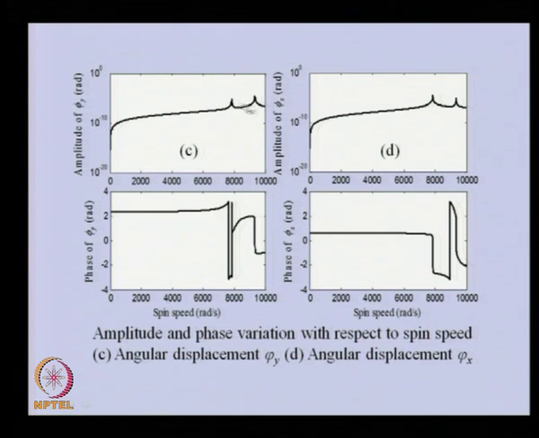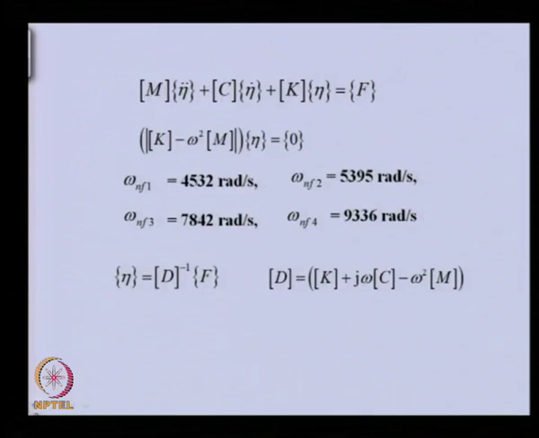Here also we will be getting 2 critical speeds. These 2 are the same, and you can see they are between above 7000 and below 10,000. They are corresponding to these 2. So, you can see that through free vibration analysis or the eigenvalue problem, and through the unbalanced response, we are getting similar critical speeds.